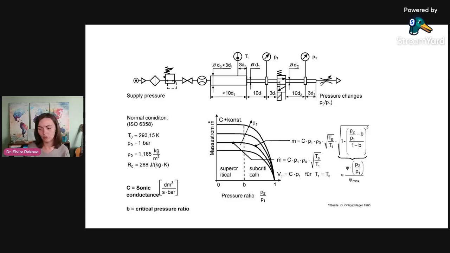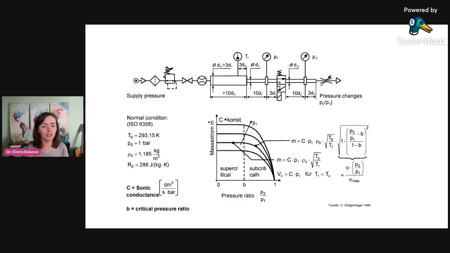And now we're going to talk about the pipes. So the maximum flow rate that can pass through the component, and basically this is what we have to work with. And we cannot go beyond the speed of sound, at least as I'm aware, also in our standard compressed air systems.